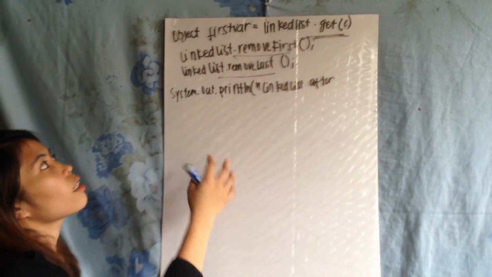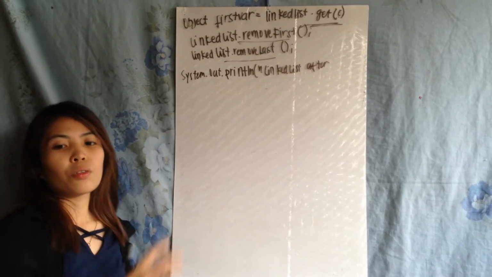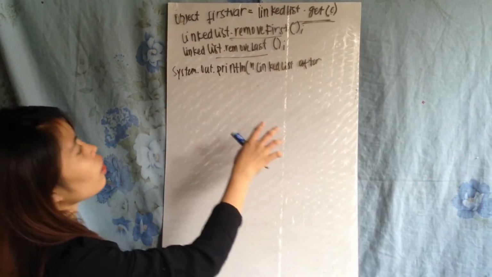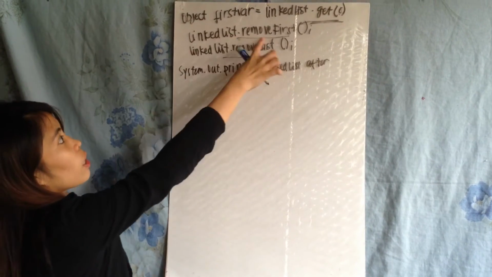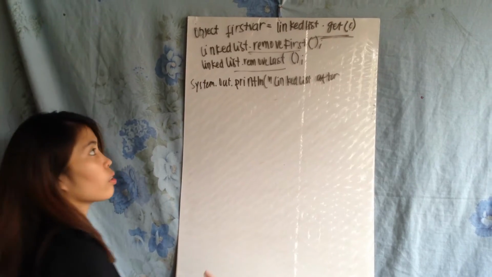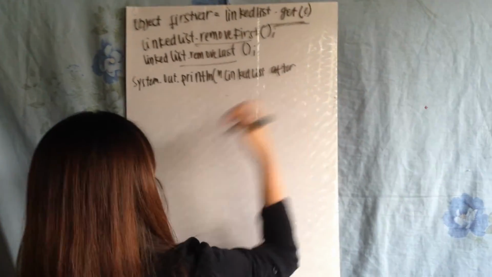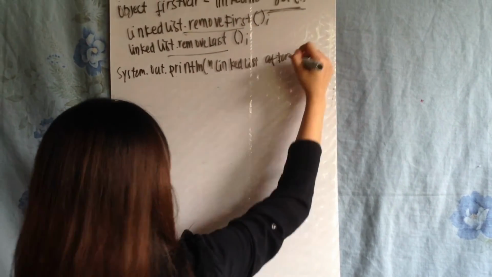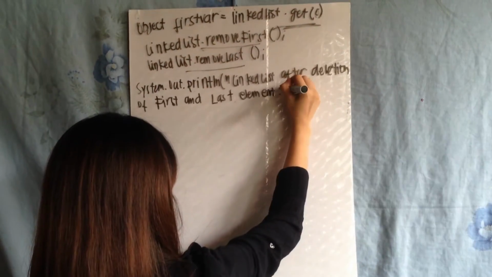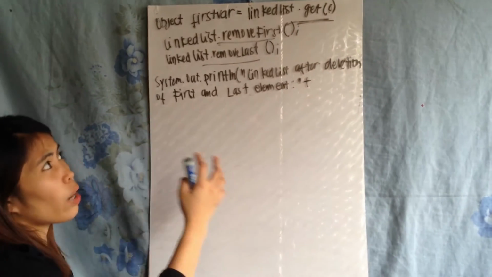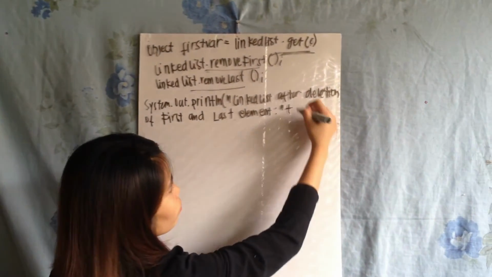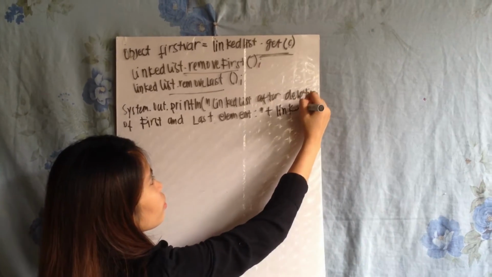Ipapakita muna natin sa print line natin yung bago natin i-remove yung first and last, papakita muna natin yung mga elements na meron tayo. And syempre, para makuha natin yung 5 elements na nandun sa program natin, gagamitin ulit natin yung variable kanina na linkedList.